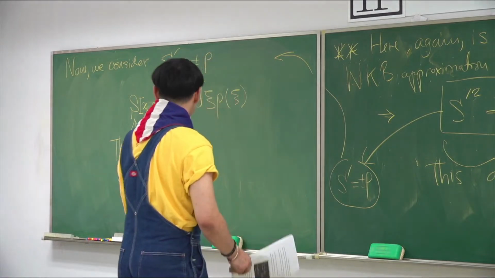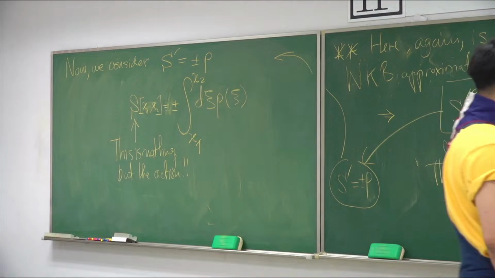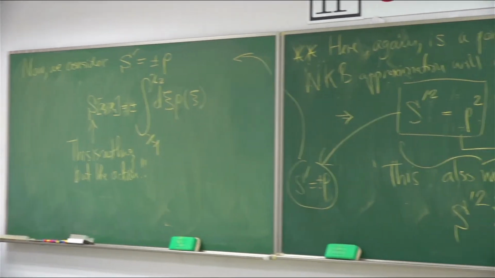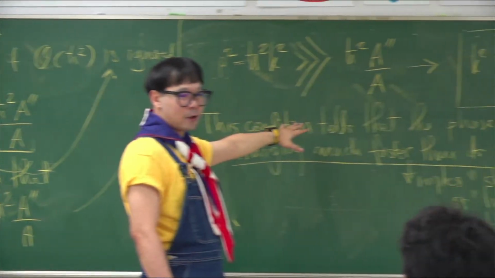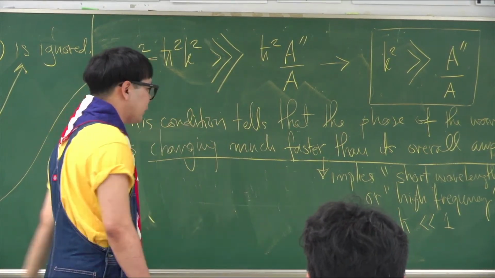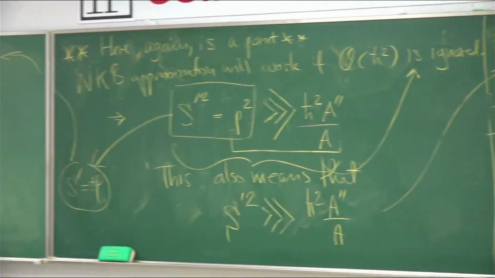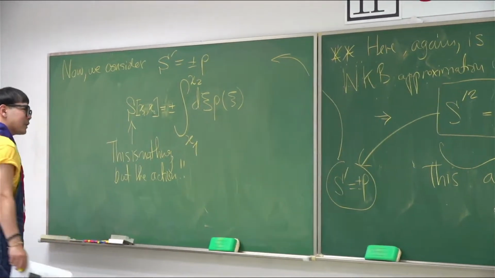Interesting. That is the reason why I put the first remark, right? The first remark that when we take the wave function as an exponential of the S, you may wonder why we do that. It turned out that this is the action, right?